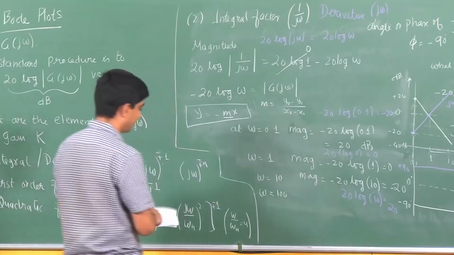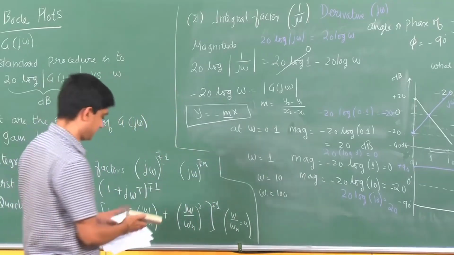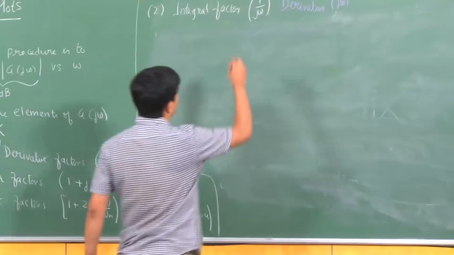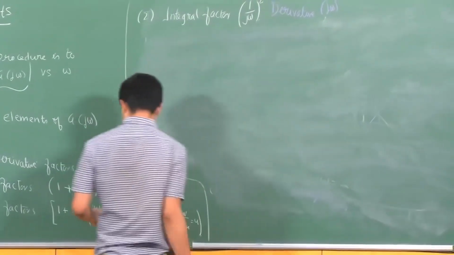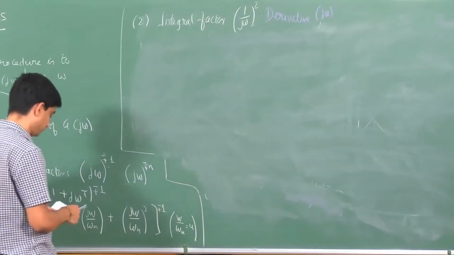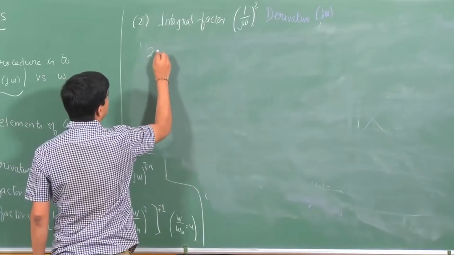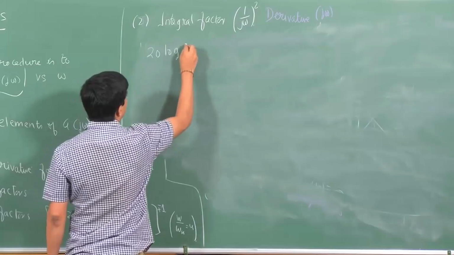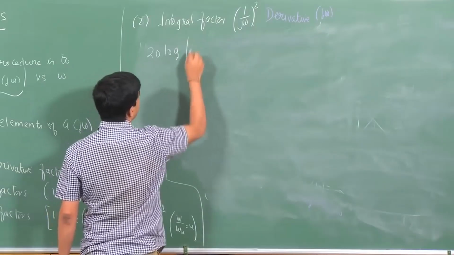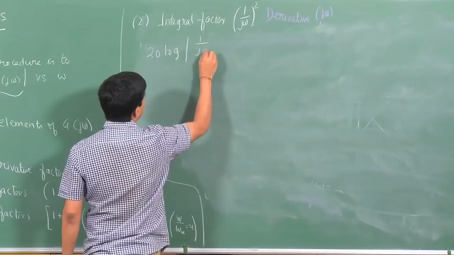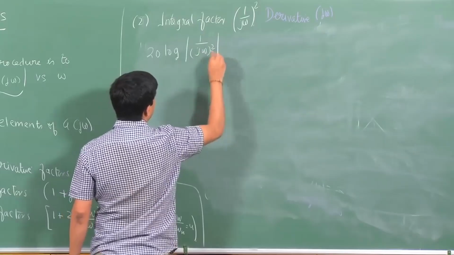What if, okay, I'll erase this, I won't make it any more messy. Okay, what if this is 2? Okay, so I am looking at 20 log of 1 over (j omega) square.